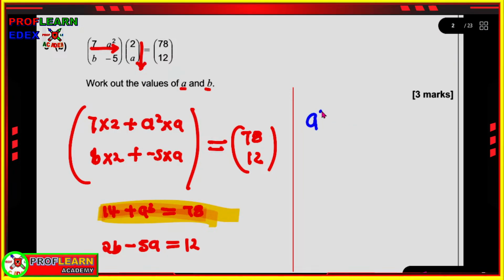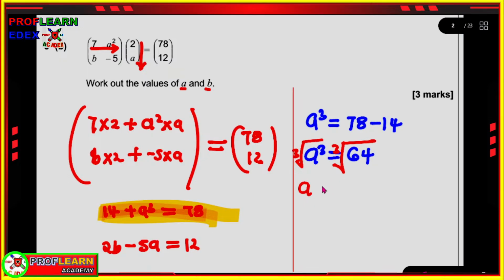A cubed is going to be equal to 78 minus 14, which means that A cubed is going to be 64. Then you find the cube root of both sides, and A is going to translate to 4. Then for B, we say 2B minus 5 times 4 is equal to 12.